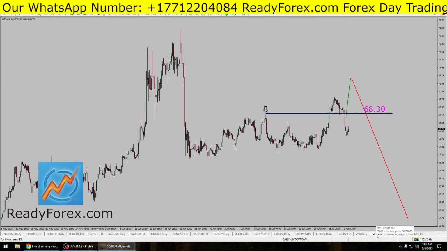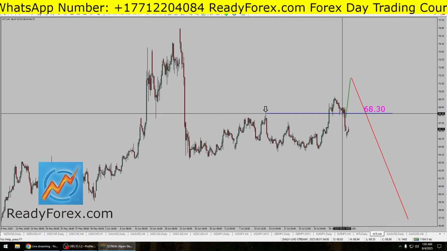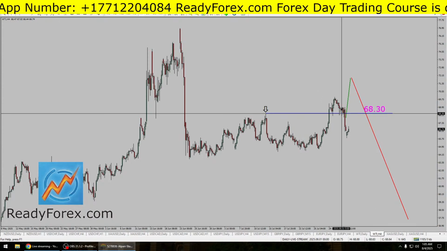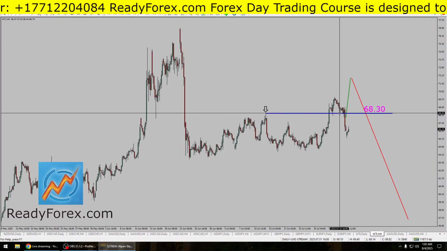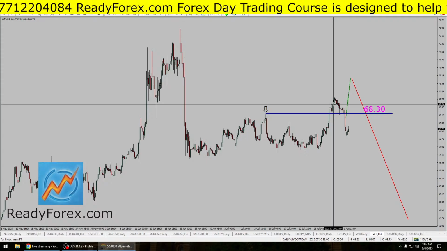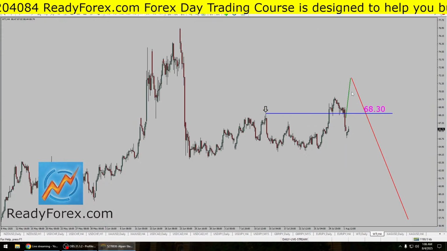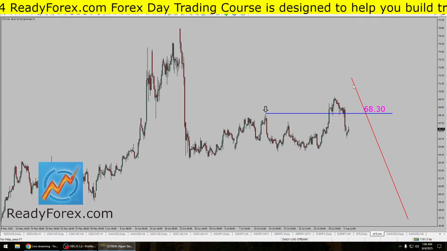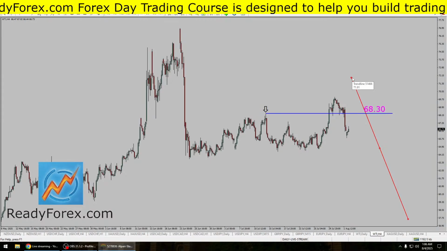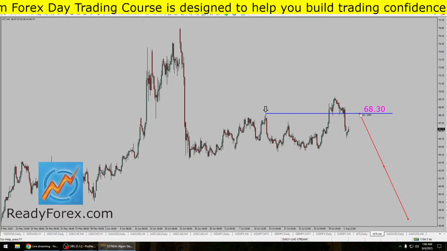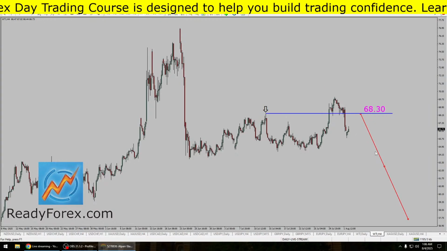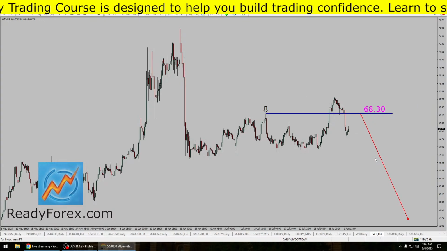So the WTI crude oil, I thought it's going to bounce from 68.30 level, and we got a little bit of bounce as well, but now here's a clear breakdown over here. So as long as price action is staying below 68.30 level, the forecast is bearish in WTI crude oil.